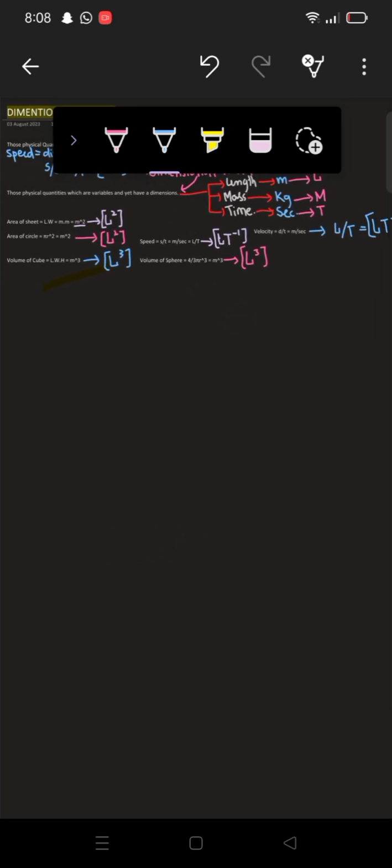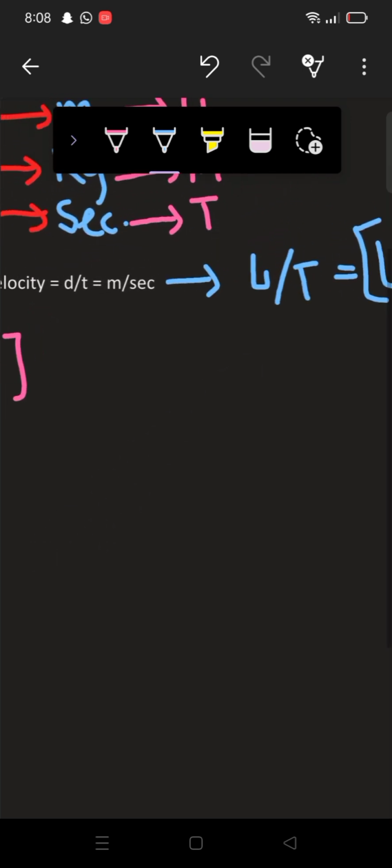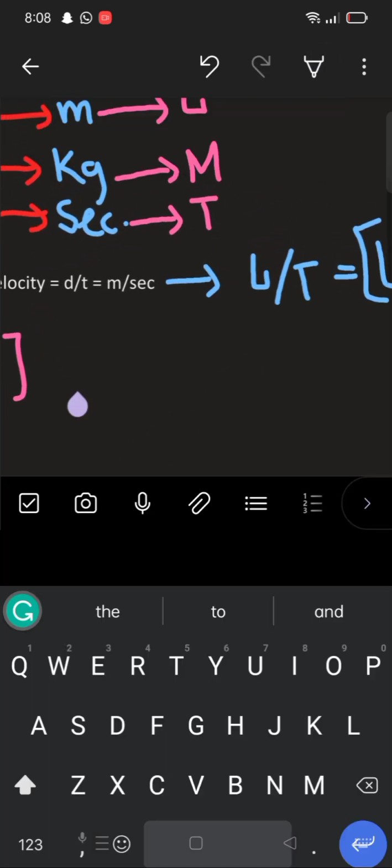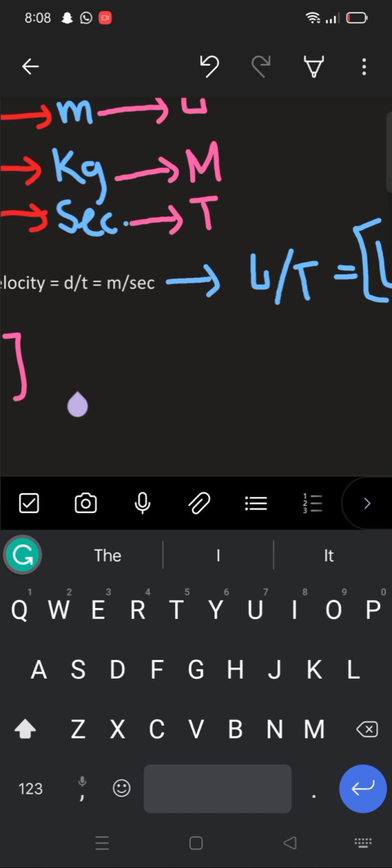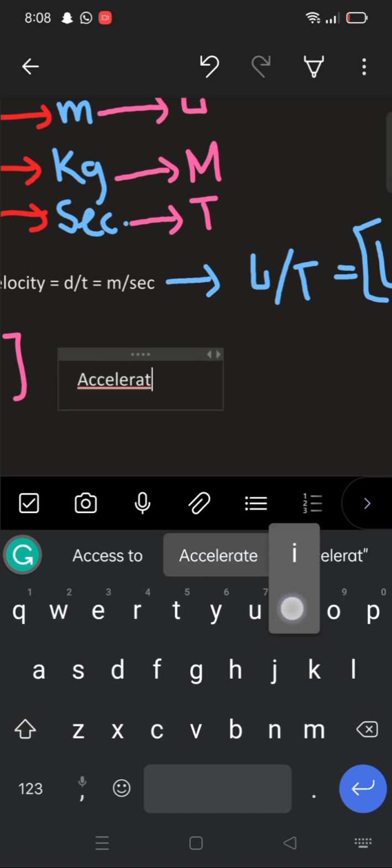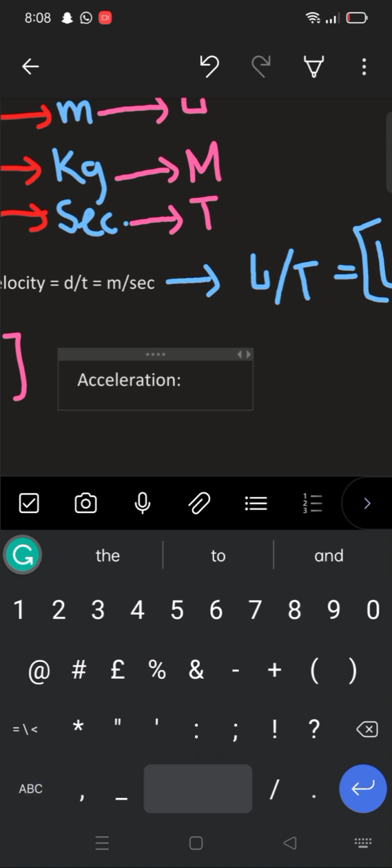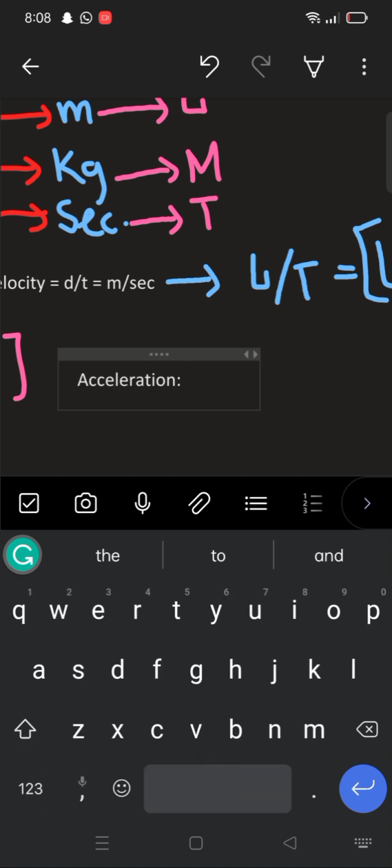So now let's go with acceleration. Let me write here. Acceleration. The acceleration formula is what? It is basically velocity upon time, v over t.